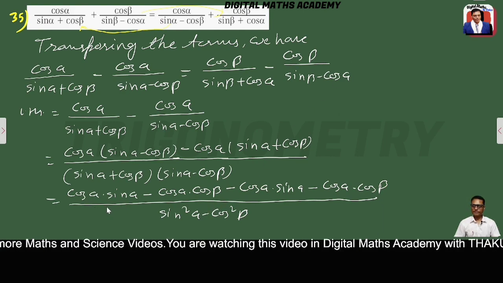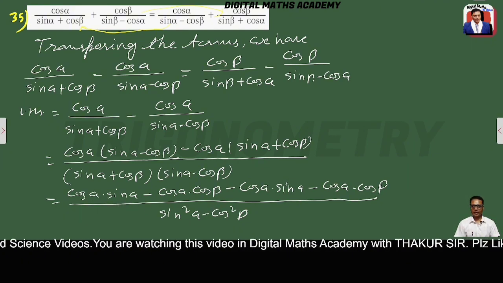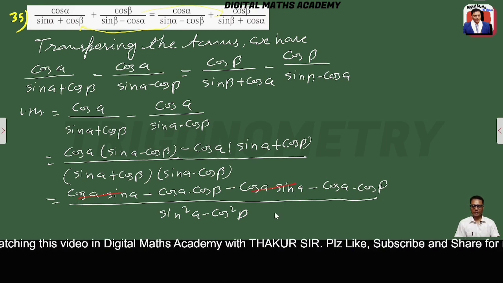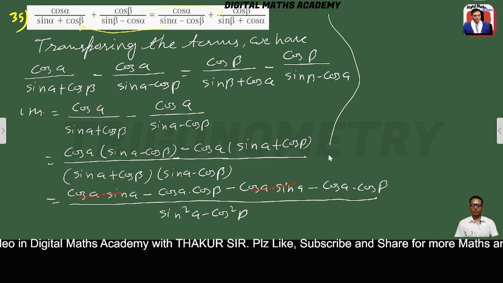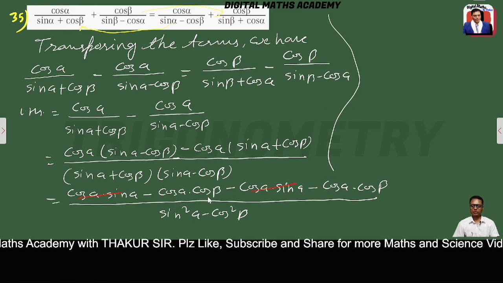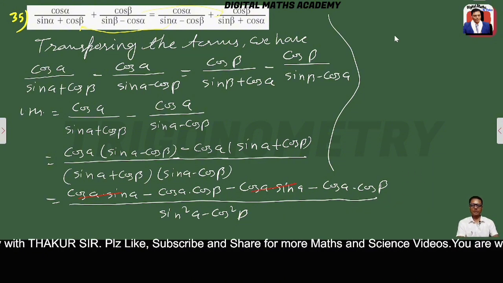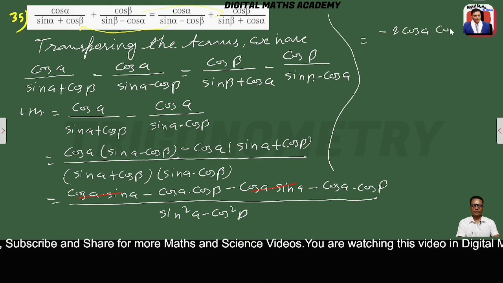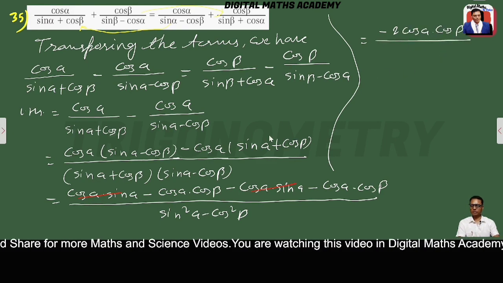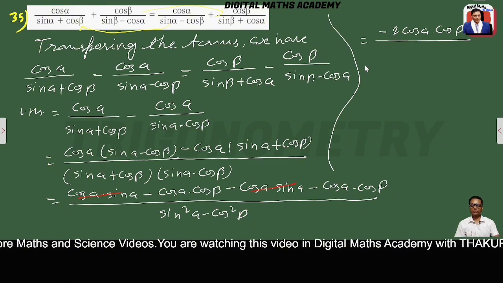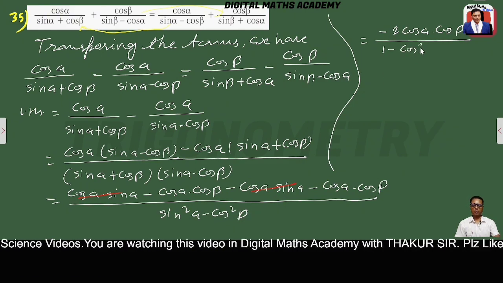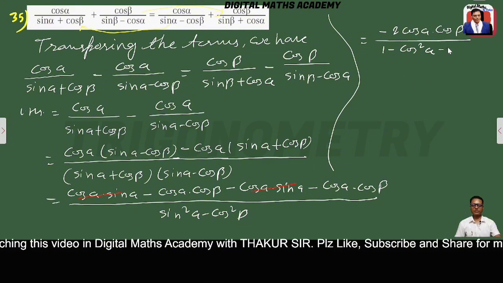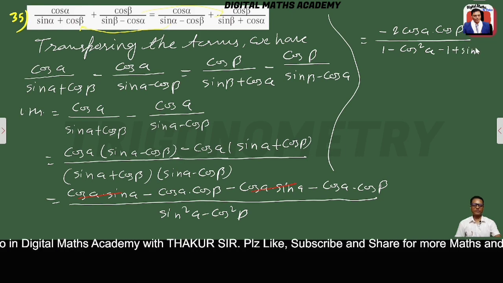Now we see here actually cos alpha dot sin alpha will cancel up and down, so we cancel this factor and that factor. Okay, cos alpha dot sin alpha, yes, we can cancel. Remaining we are going to write over here. So remaining you have minus cos alpha dot cos beta minus cos alpha dot cos beta, so we write here equals minus 2 cos alpha dot cos beta over sin square alpha minus cos square beta, so sin square alpha becomes 1 minus cos square alpha, and cos square beta equals minus 1 plus sin square beta, right?